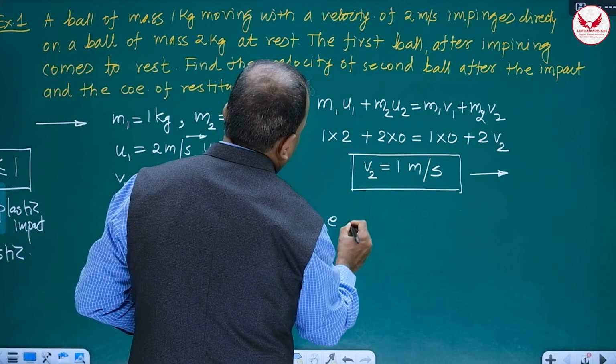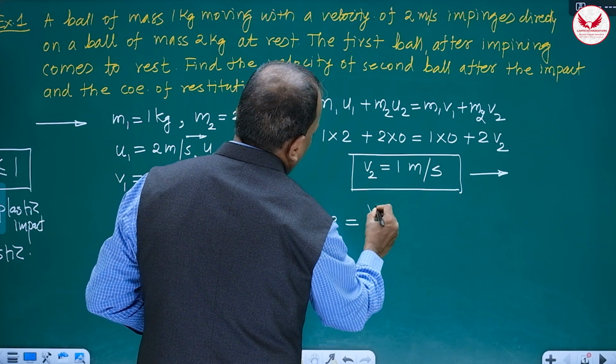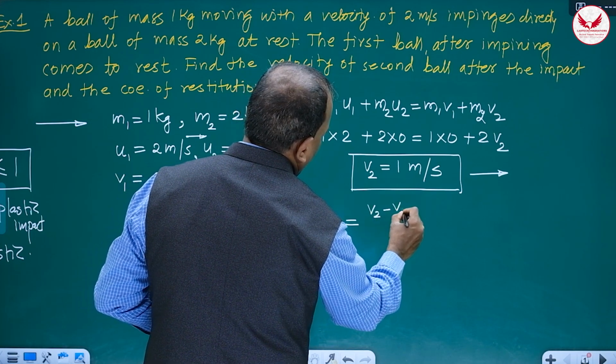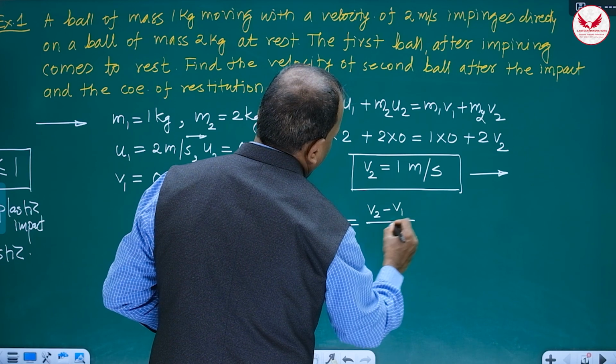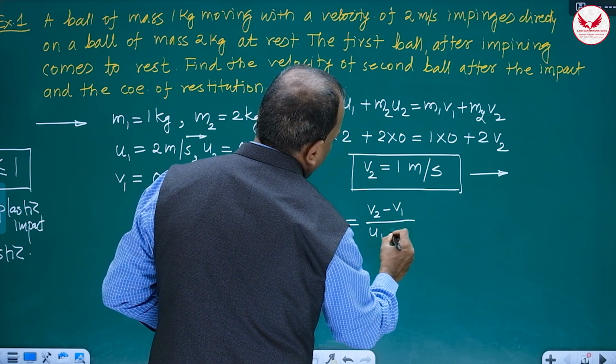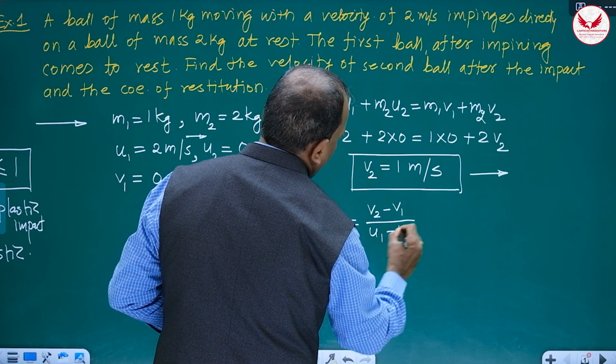And what is E? E is going to be V2 minus V1 divided by U1 minus U2.